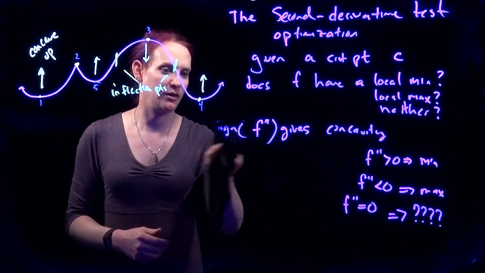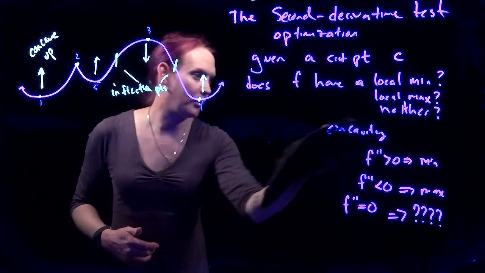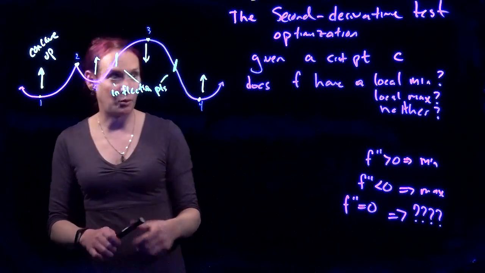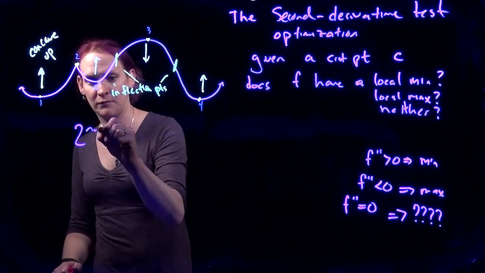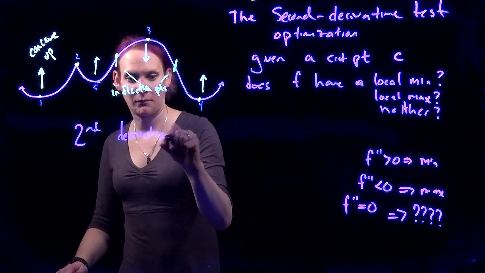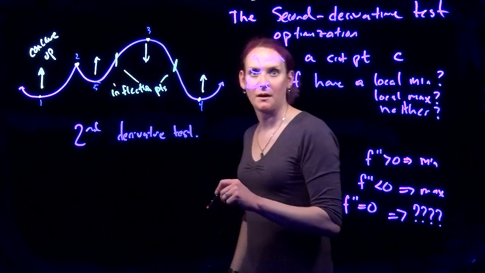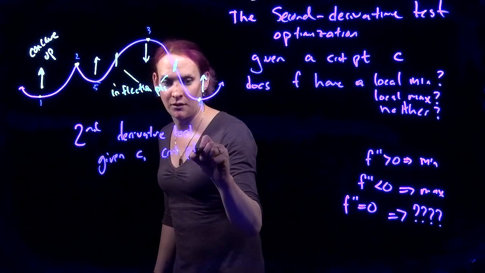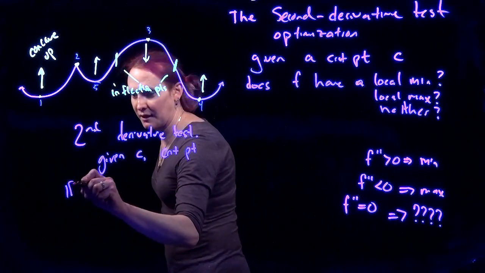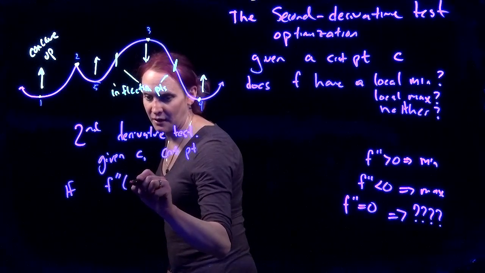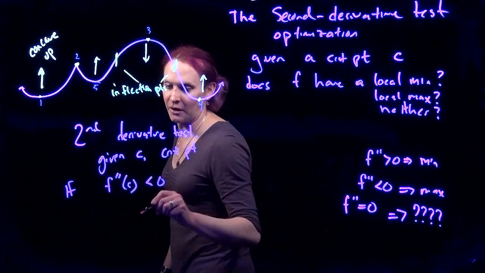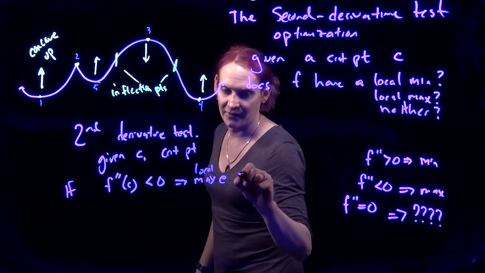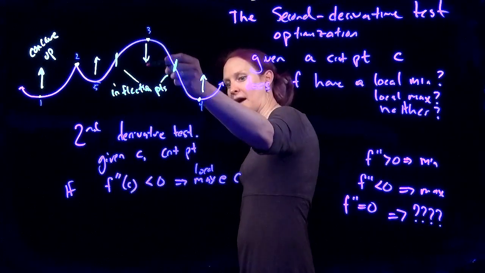Okay, so the second derivative test says that in order to classify a critical point, you evaluate the second derivative at that critical point. So the second derivative test. Given C, a critical point, if f double prime of C is less than 0, then you have a local max at C, concave down.